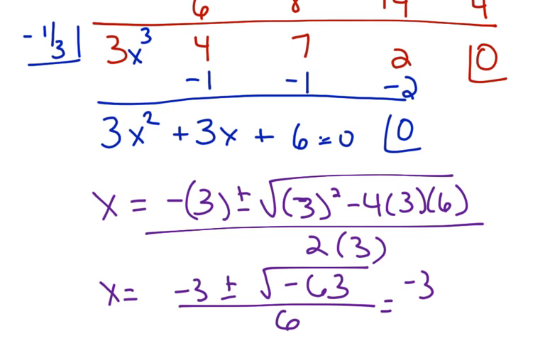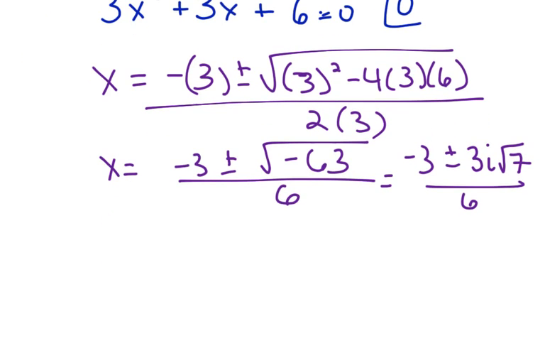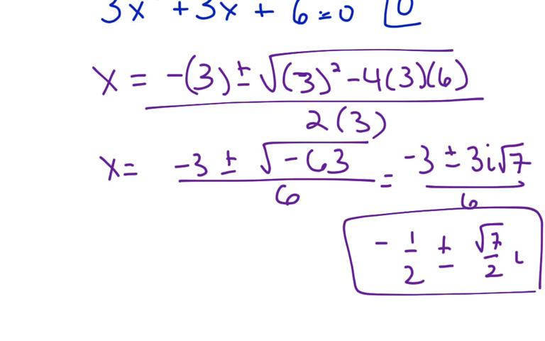The square root of negative 63 is going to simplify into 3i square root of 7 all over 6. So now if I simplify this even more, I get negative 1/2 plus or minus square root of 7 over 2i. Those are my complex conjugate solutions. So one of them is negative 1/2 plus square root of 7 over 2i. The other one is negative 1/2 minus square root of 7 over 2i.